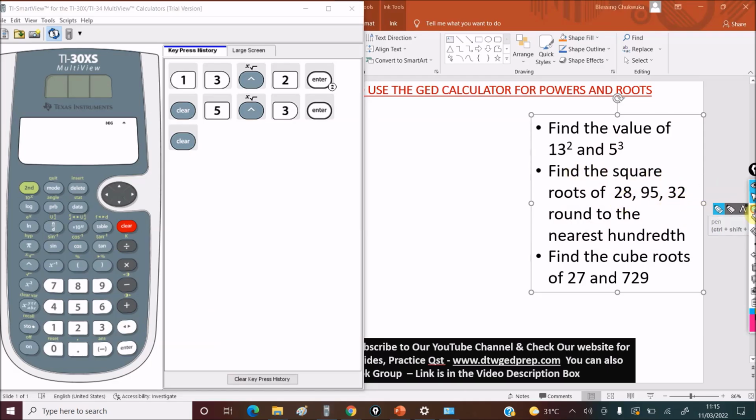Remember, when you're told to find the square root, it means you're looking for that particular number that you can multiply twice that would give you the number. Some are perfect squares, like the square root of 16 is 4, because if you multiply 4 twice, you get 16. But these numbers are not perfect squares, so we're not going to get a perfect number. We're going to have decimal numbers.